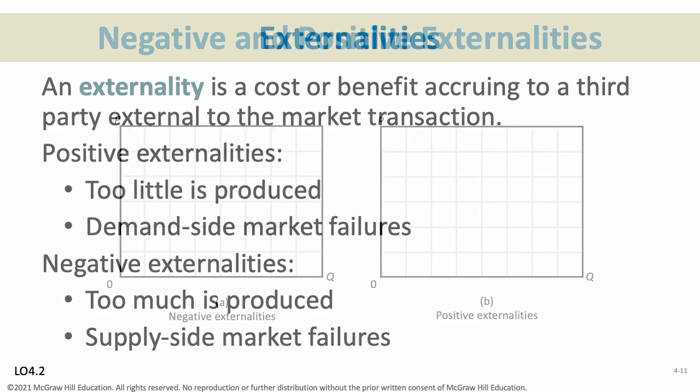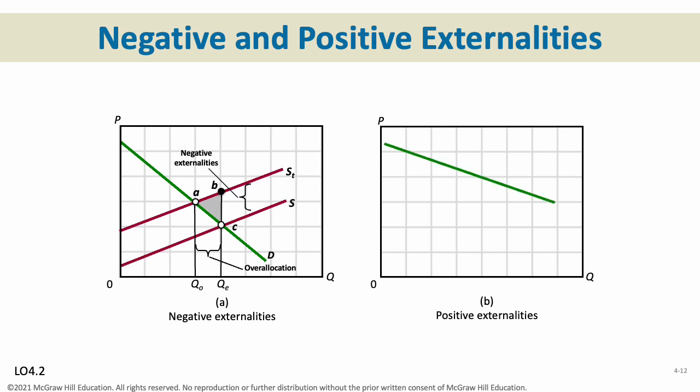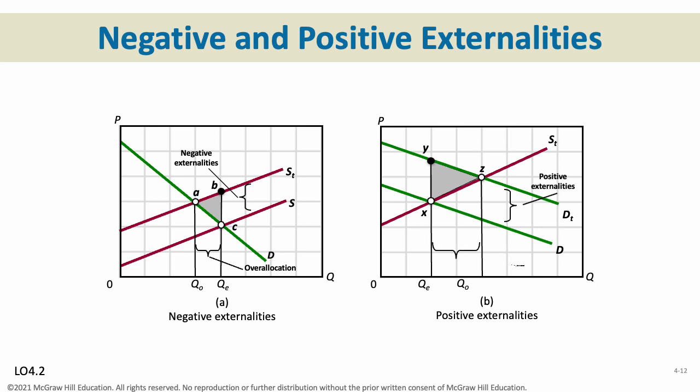So if we look in the case of positive and negative externalities, what do we get? We get the following. In the case of negative externalities, your producer's supply curve is going to be to the right of the total cost supply curve, or ST. So basically, with something with a negative externality, the person manufacturing this is paying less, their cost is less than what it actually should be, the total cost supply curve.